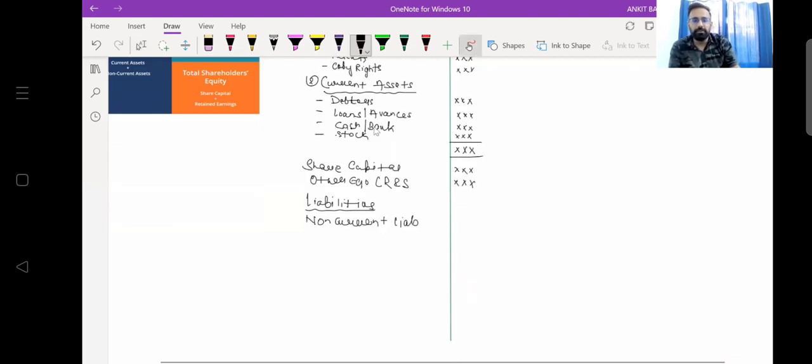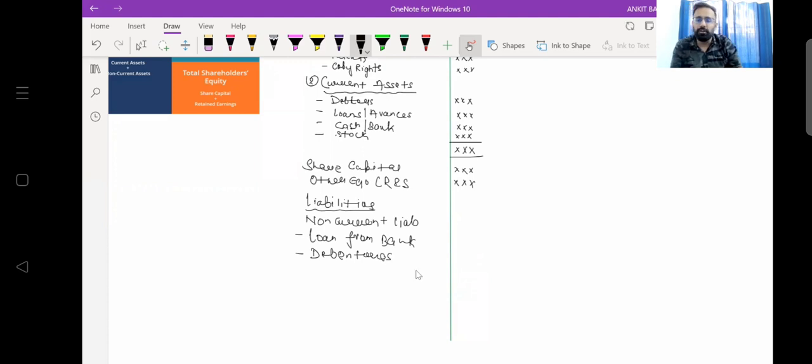Let's suppose the company has borrowed a loan for more than 1 year. So we will show loans from banks, where the duration of the loan is greater than 1 year. Let's suppose the company has issued debentures; I will prepare a separate session for debentures also. The company will record its debentures on the liability side.